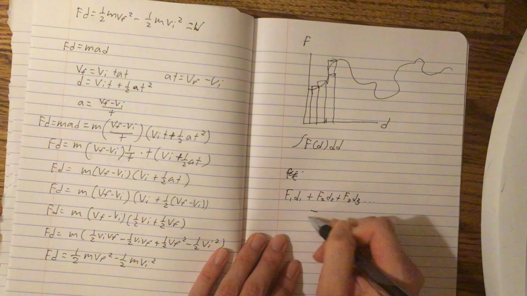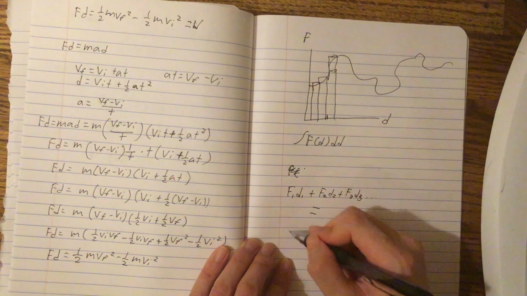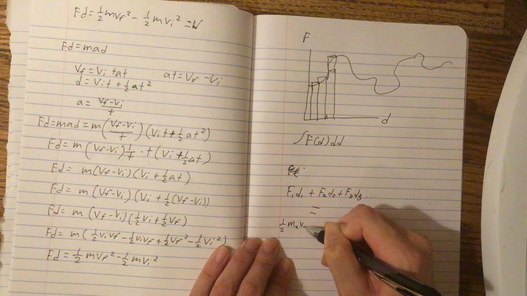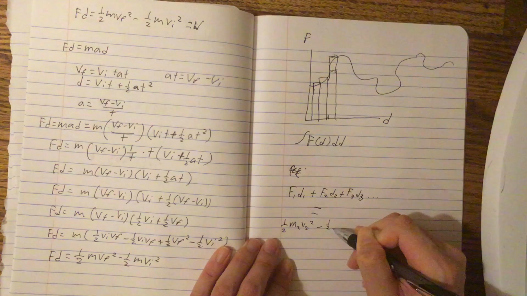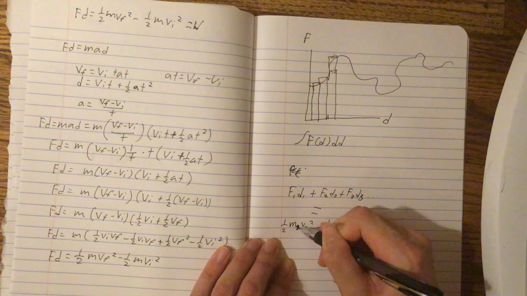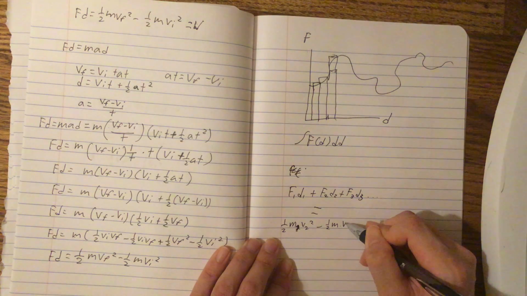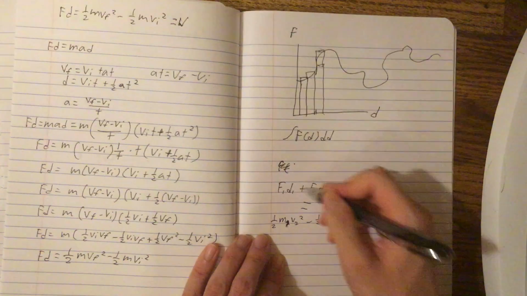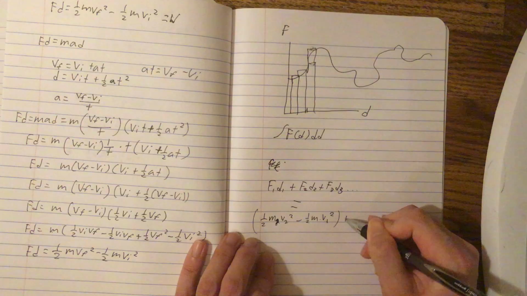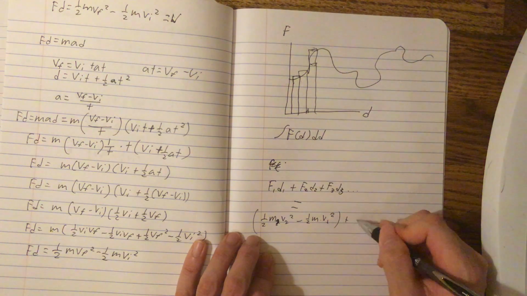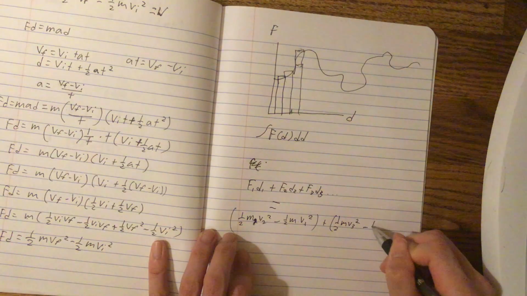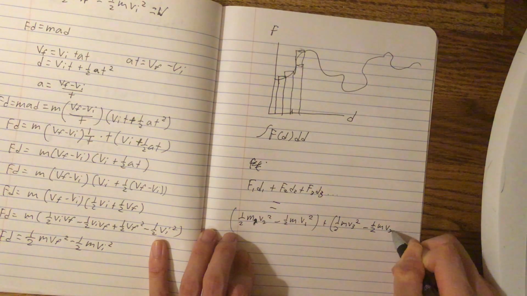And this would all equal 1/2 m v2 squared minus 1/2 m v1 squared. That would represent the first rectangle. Plus, the second rectangle would have an energy value of 1/2 m v3 squared minus 1/2 m v2 squared.